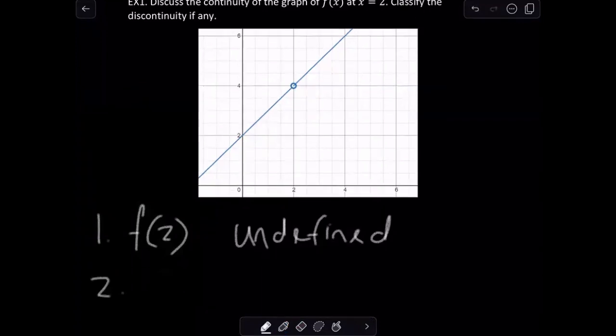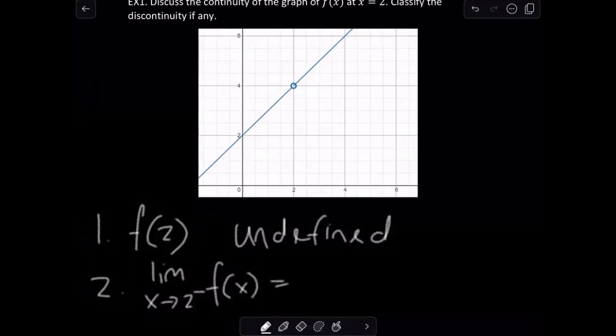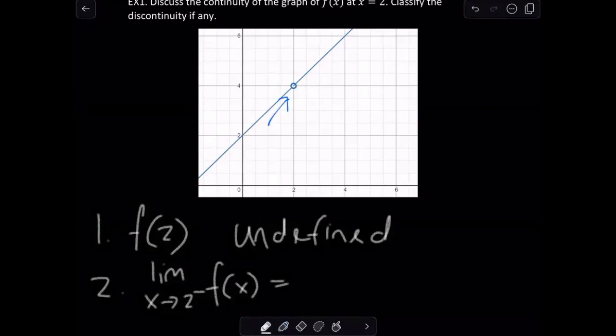Next, the next condition, we're looking at the one-sided limits. So let's look at the limit as x approaches 2 from the left-hand side of f of x, and that is clearly equal to positive 4. And if we look at the limit as x approaches 2 from the right-hand side, okay, that is also equal to 4. So the function is approaching the same value from the left and from the right.